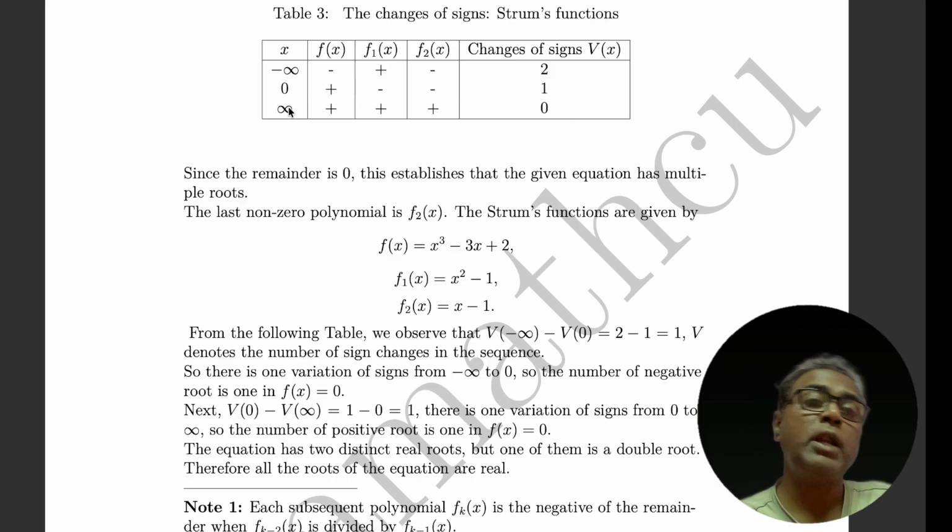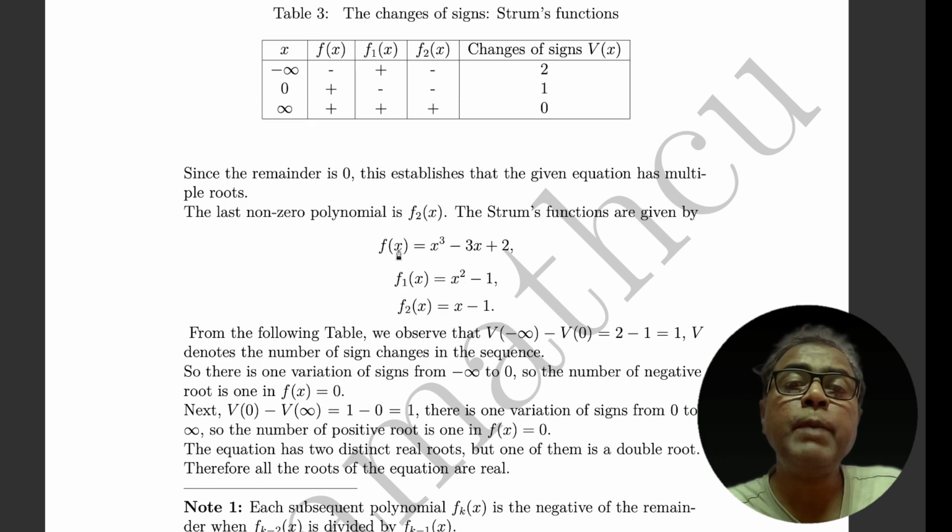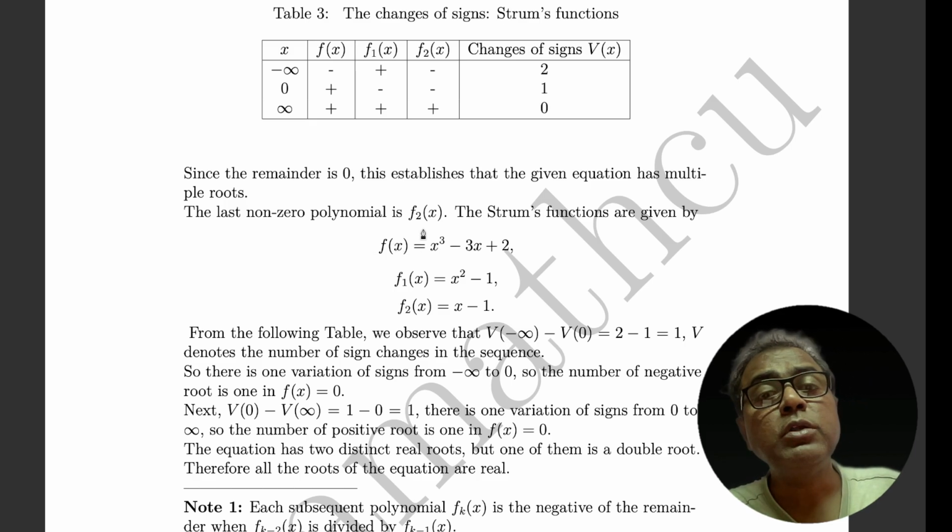For infinity, for a large positive value, say f(100): 100 cubed is positive, 100 squared is positive, and 100 is positive. So there is no variation of sign.